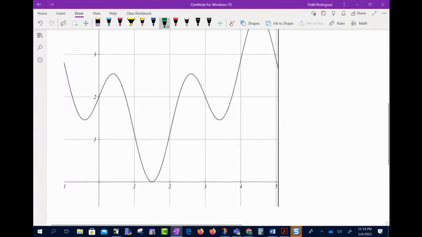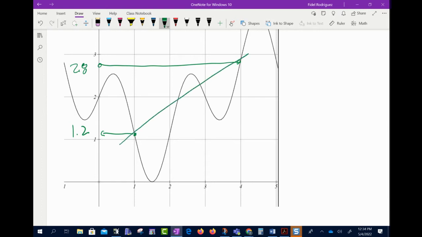Okay. So at x equals 1, if I were to kind of estimate what the y value would be here, I'm going to say something like maybe like 1.2. That's kind of what I'm estimating it to be, 1.2. At 4, I'm right here. So yeah, maybe something like 2.8. Okay. So again, what we're trying to do, y'all, we're trying to find the slope of that line, right?